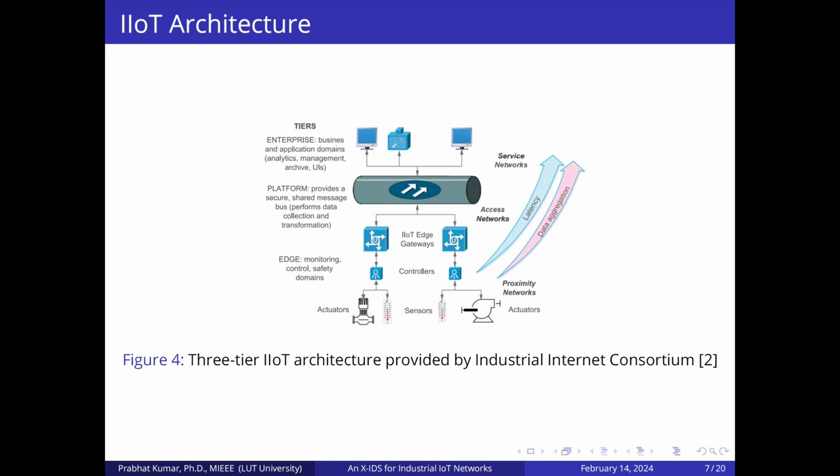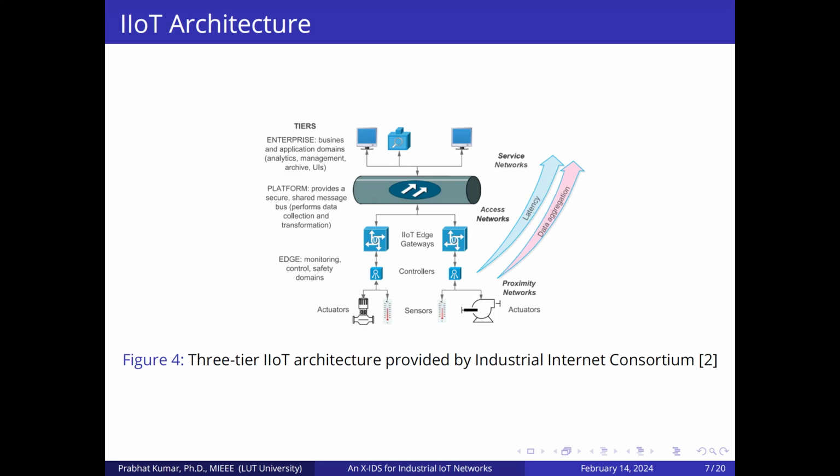But for mission critical systems, it depends, and for most of them it is a closed environment where you have your own platform, so you don't share data on a third party cloud. Everything is within your own organization.